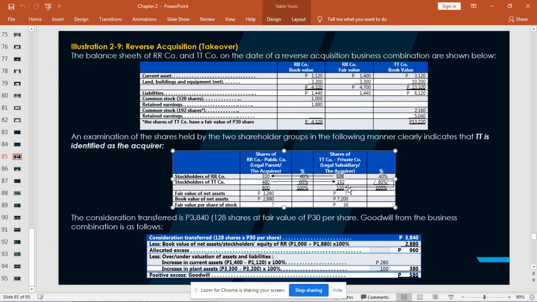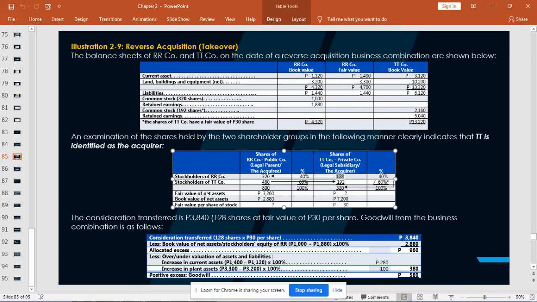Then yung 192 shares ni Double T Company is owned by RR Company at 60%. Tama ba? Nalito ako.